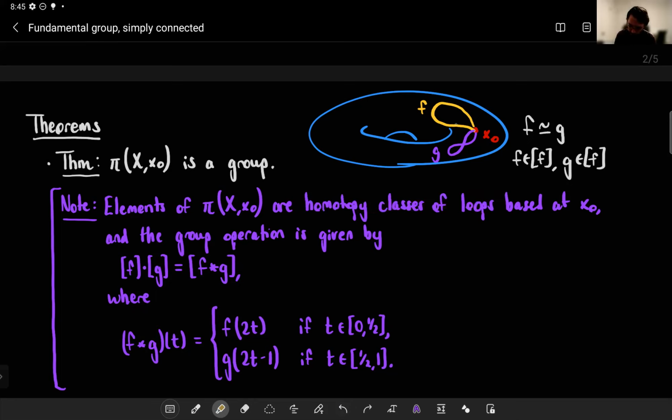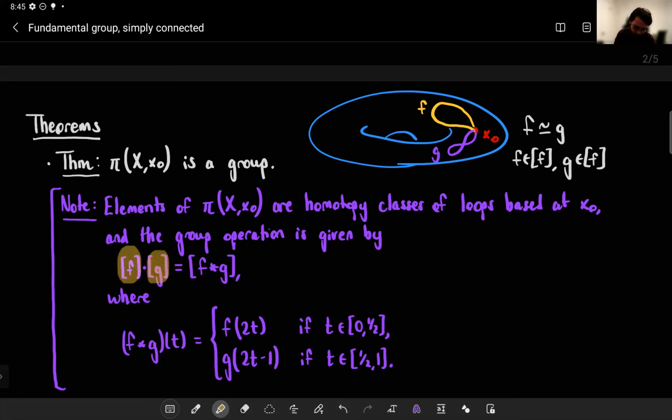So I'm thinking about f and g really as the same object. I'm thinking about them each being representatives of the homotopy class of f. And I could draw infinitely many more loops in the homotopy class of f. They're all equivalent to it. You basically think that they're all the same object. And so we are working with equivalence classes.